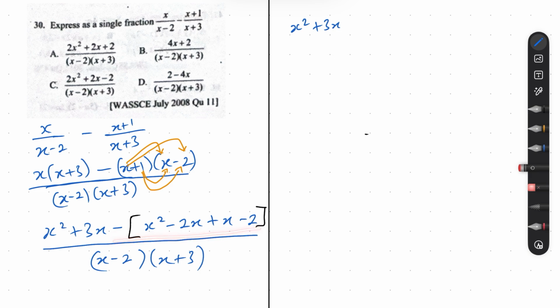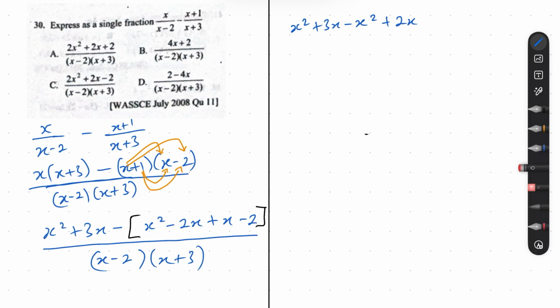So this will give us negative x squared, minus x squared. Then negative times negative gives us positive, so plus 2x.